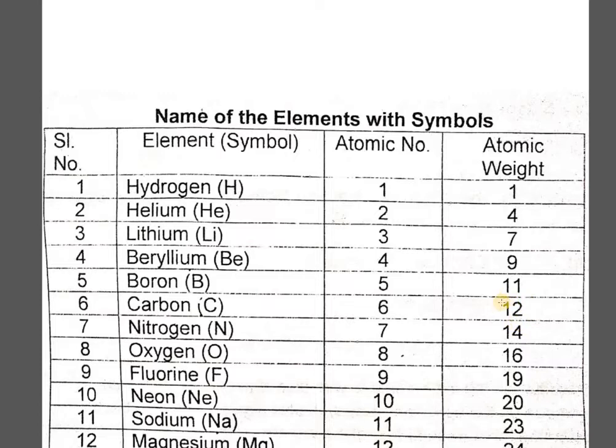It is the neutron. So if we subtract the value of atomic number from atomic weight, that means if we subtract 6 from 12, we get a value of 6, and that tells us the number of neutrons. So the atomic weight is the sum total of protons and neutrons in a neutral atom, or simply in an atom.